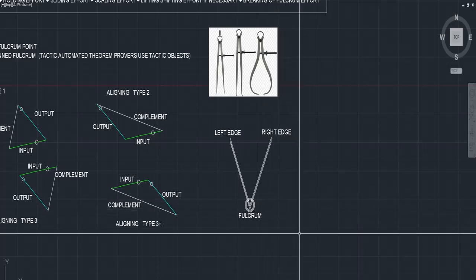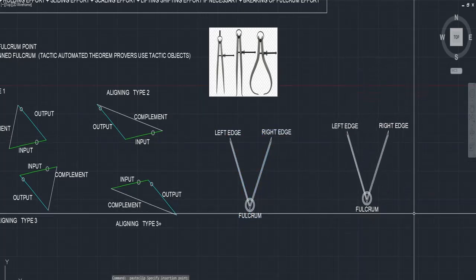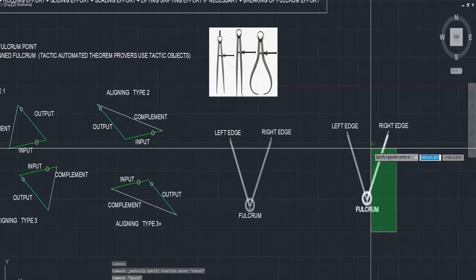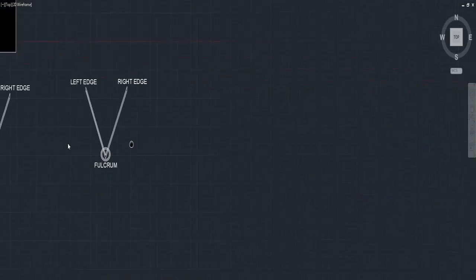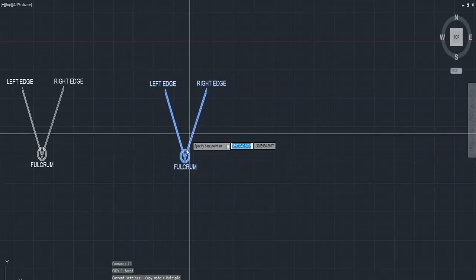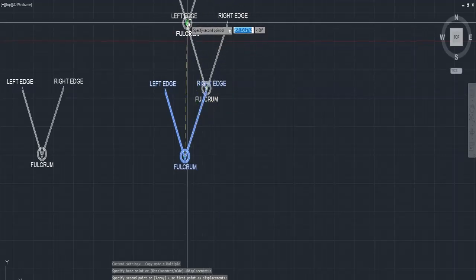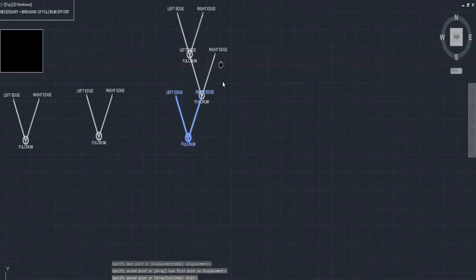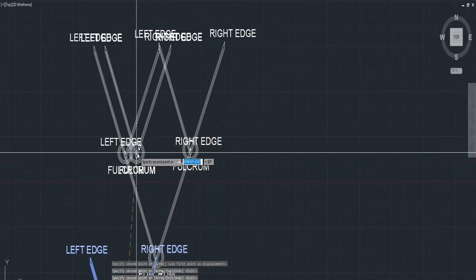First of all, we have to understand what calipers and multi-calipers are. Suppose this is a caliper object and we have to think of it as a multi-caliper object, then we place this fulcrum point at different positions and we can get a tree-like object, and these tree-like objects generate the constructions.